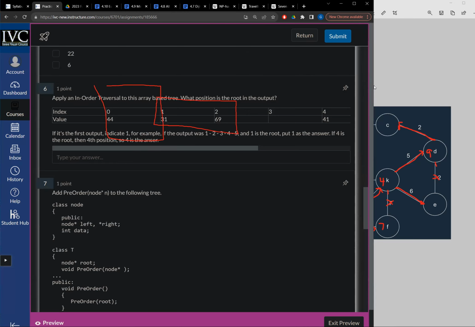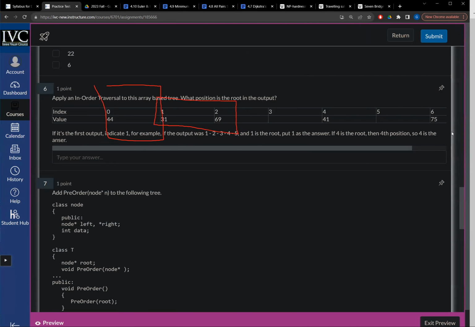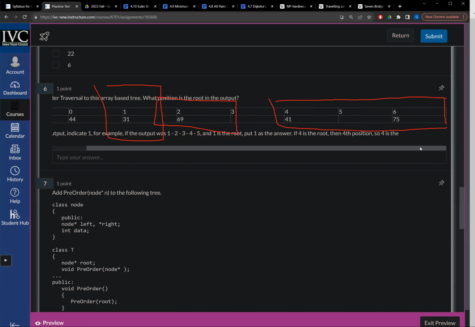Or I can make the window bigger. All right, second level, then 4 nodes later, third level. 4. Any more afterwards? Nope.